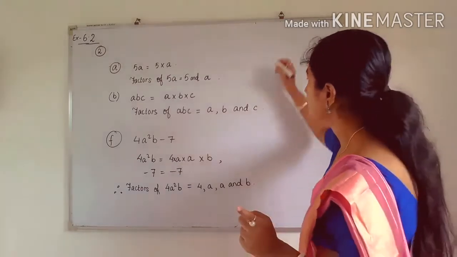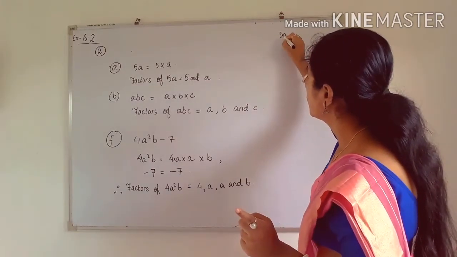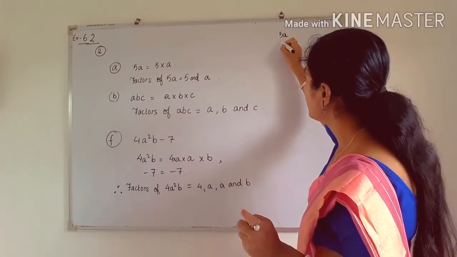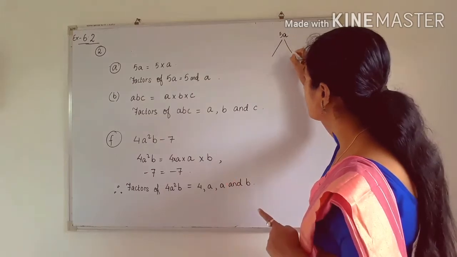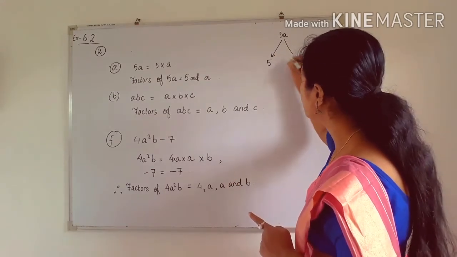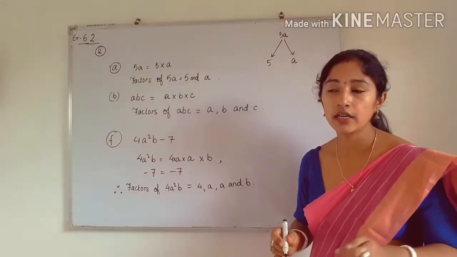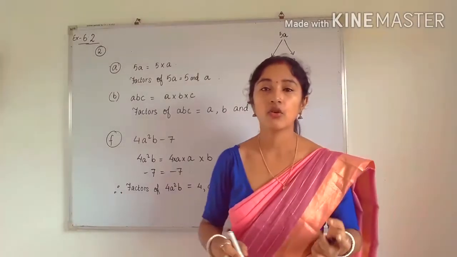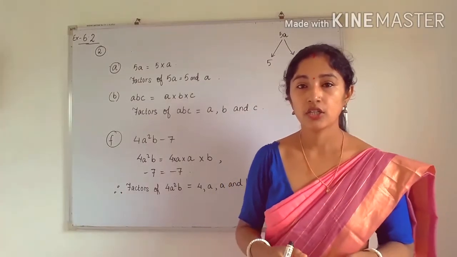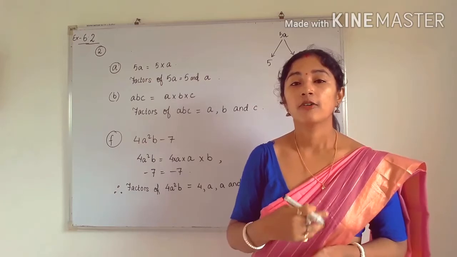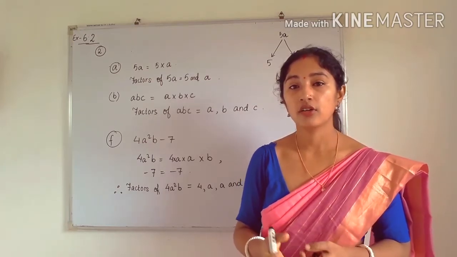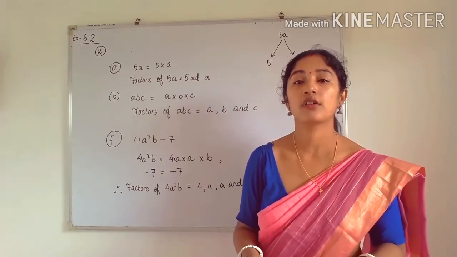Again, I am explaining. Say 5A. 5A can be written as 5 into A. That means one factor is 5 and the other factor is A. In your lower classes you have already done prime factorization using the factor tree.